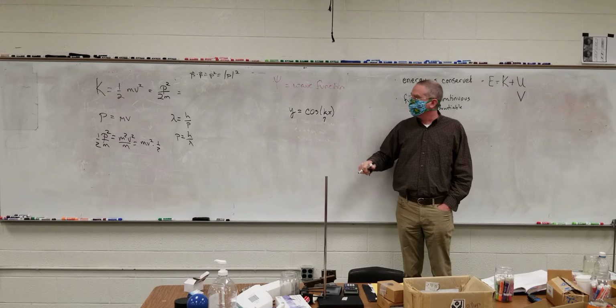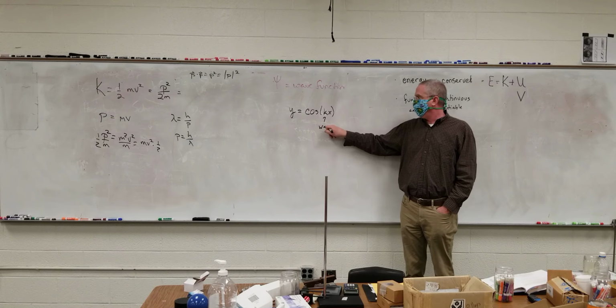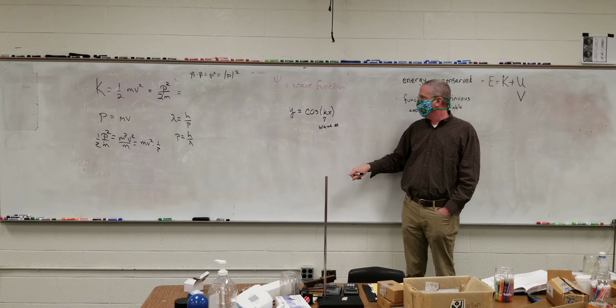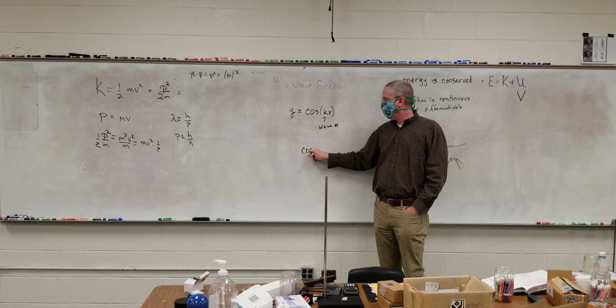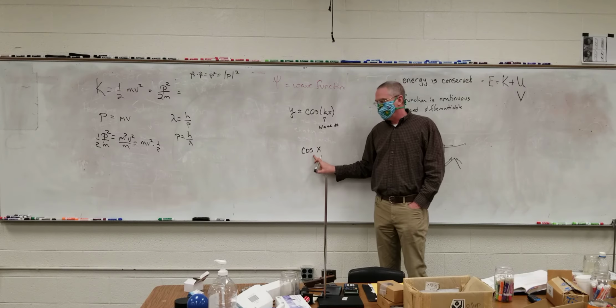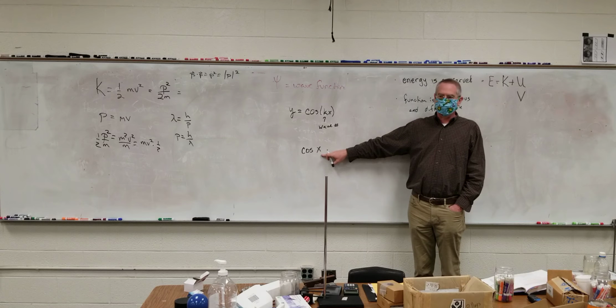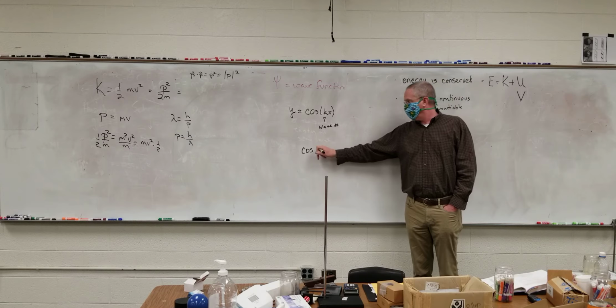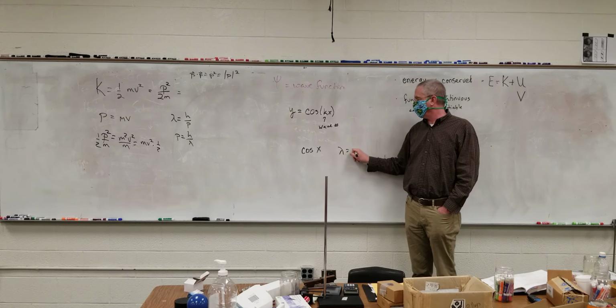This k right here is the wave number. So what's the wavelength if I have cosine of x? At what point does it start to repeat itself? 2 pi. Alright, so the wavelength is 2 pi.